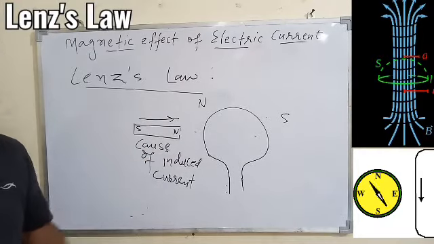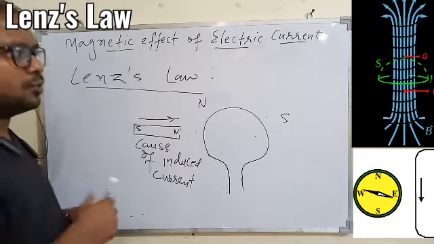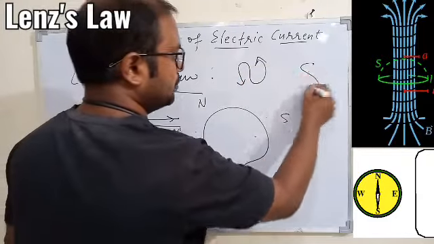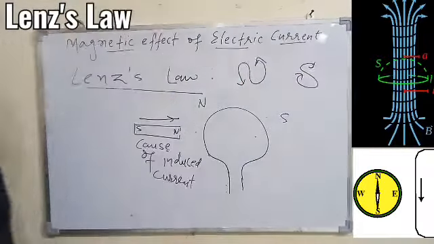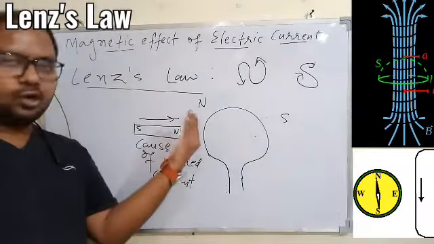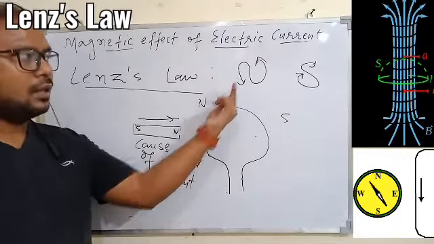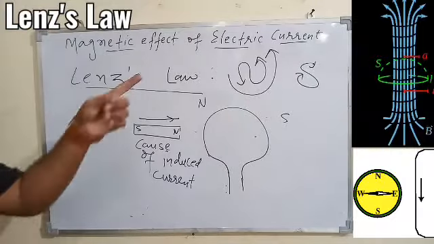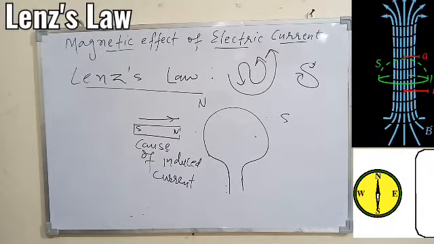So how is it possible to find out? We understood from the example we have already done. This face can be north when the current is anti-clockwise. If you remember, we have already done the clock rule. Based on the clock rule, we can understand the concept.